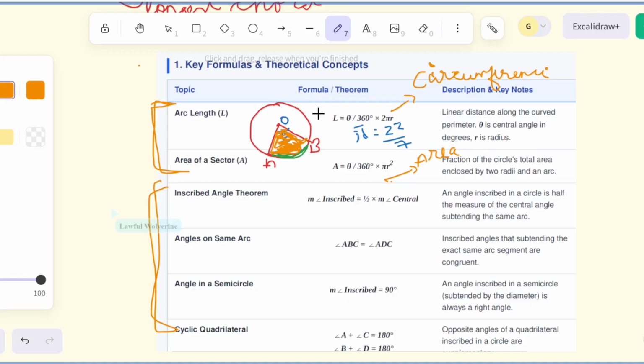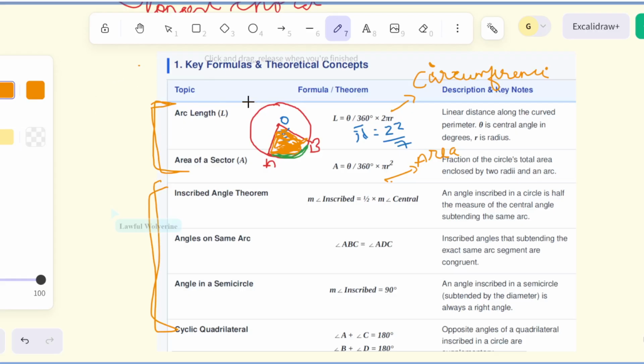Circles has a lot of theorems and concepts. Once this chapter is done, your schools will resume, and then we'll do it as per what you're doing in school.